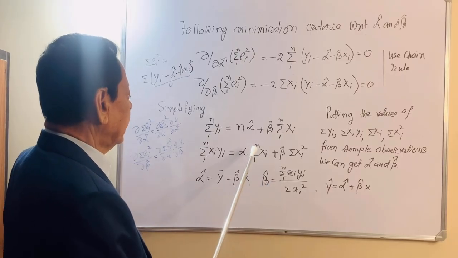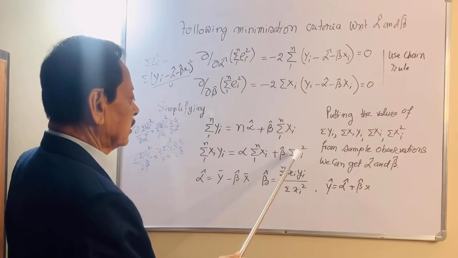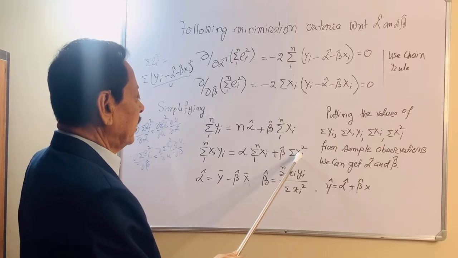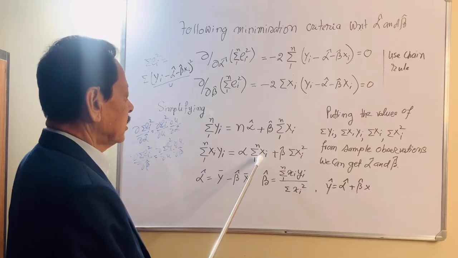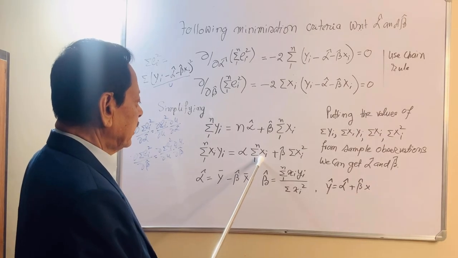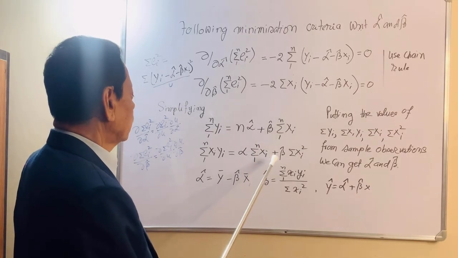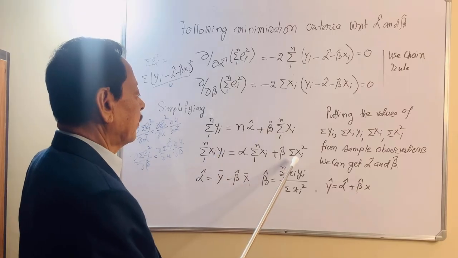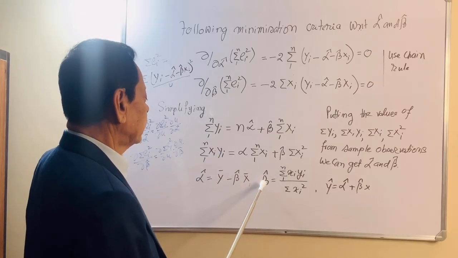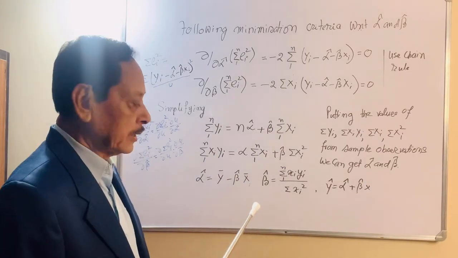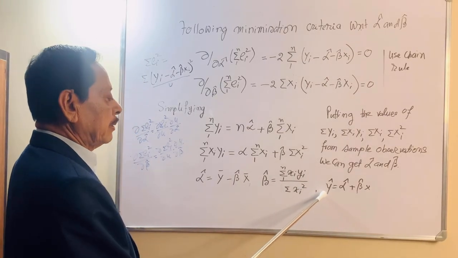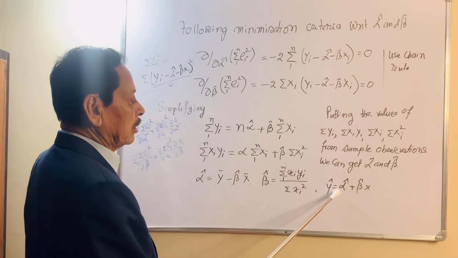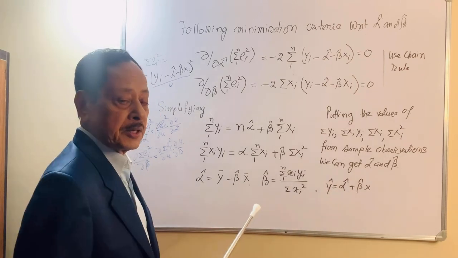And beta hat from the second equation, take it from mean deviation. When it is mean deviated, it is 0. So this divided by summation xi square is equal to beta hat. So this way we can get the estimated value of y is equal to alpha hat plus beta hat x.